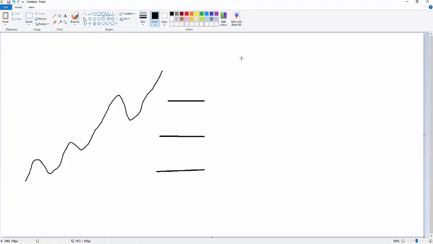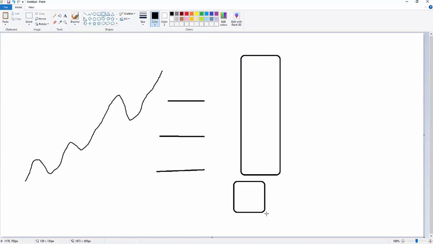I have three zones. One of them is like this. This is a full continuation zone. Let's assume this is an hourly chart or even 30-minute chart. And the other one is like this, right? Or even maybe lower, right? So we have this and this, and we have another one that's above it.